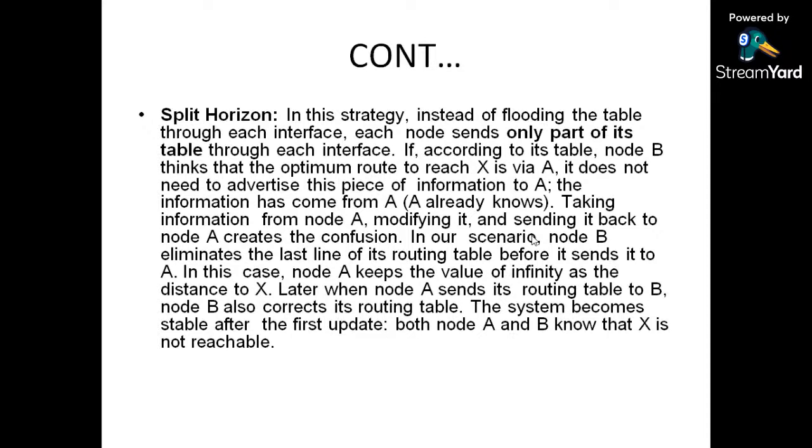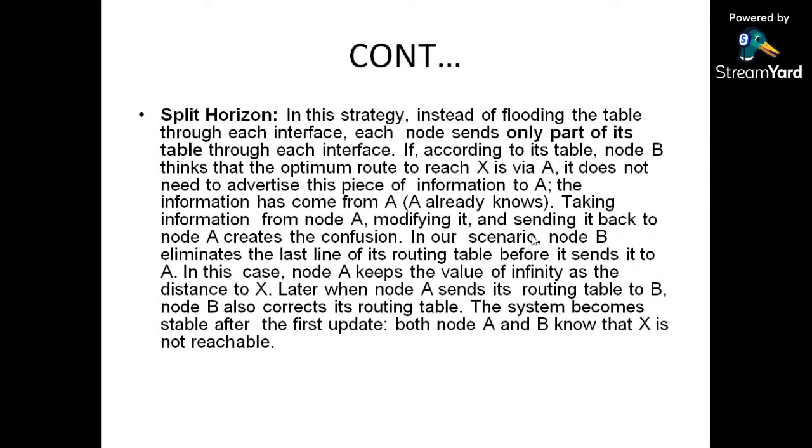The information from node A is modified, so it sends the distance to A. In this case, node A corrects its routing table to B, and node B also corrects its routing table.